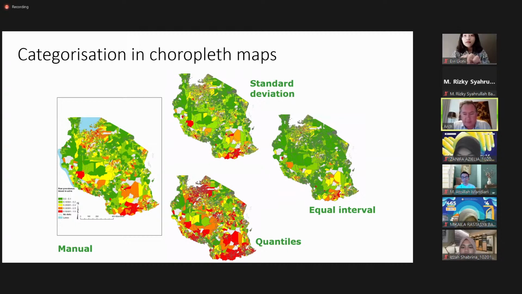And so with a very skewed distribution, the quantile map will emphasize one of the tails. In this case, it's the upper end of the tail. And an equal interval map with a very skewed distribution may emphasize slightly closer to the lower end of the tail. So you may look at those maps, and this is the same data, but you may interpret the maps completely differently.